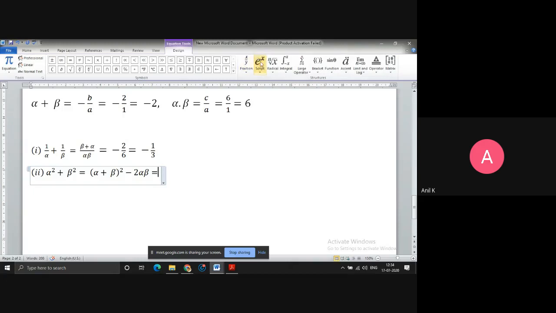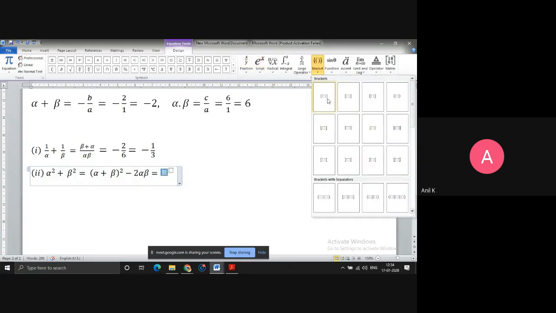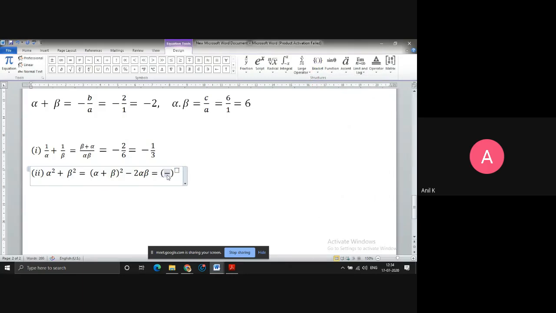Can I put it directly, or shall I write one step? It will be minus 2 whole square, right? Then minus 2 into alpha into beta, which is going to be 2 into 6.